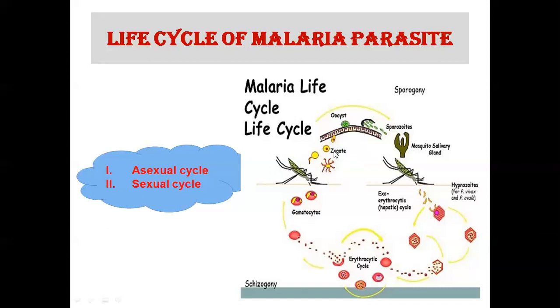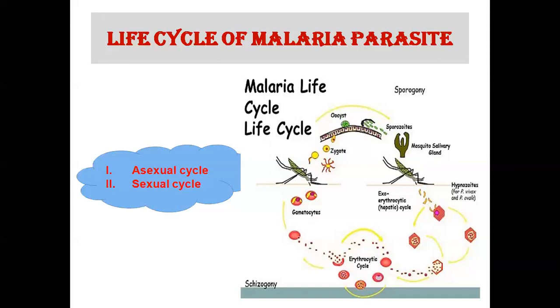Then the zygote develops into an ookinete, then into an oocyst, and then into sporozoites. The sporozoites are introduced into circulation again when the mosquito bites a normal individual.